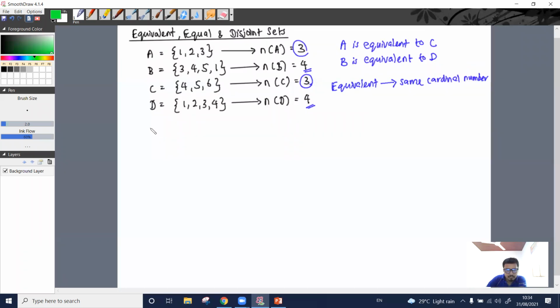If I take some more examples here, set E equals 3, 2, 1.